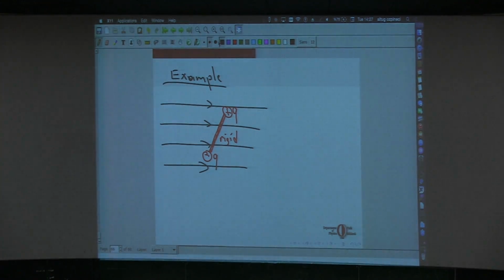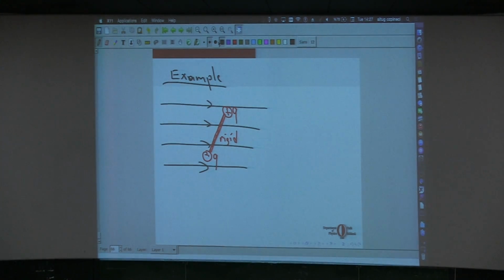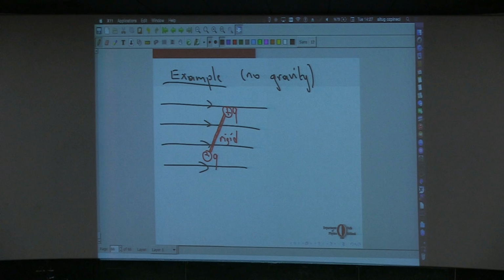Now the first question, what is the net force acting on this system in this configuration? No gravity, ignore gravity. Zero or some charge.